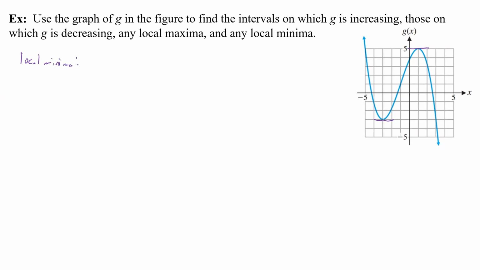Well, it's going to be at this point. So it's going to be at x equals -3, and g of -3 is equal to what? Well, going over, it's going to be equal to -3 also.